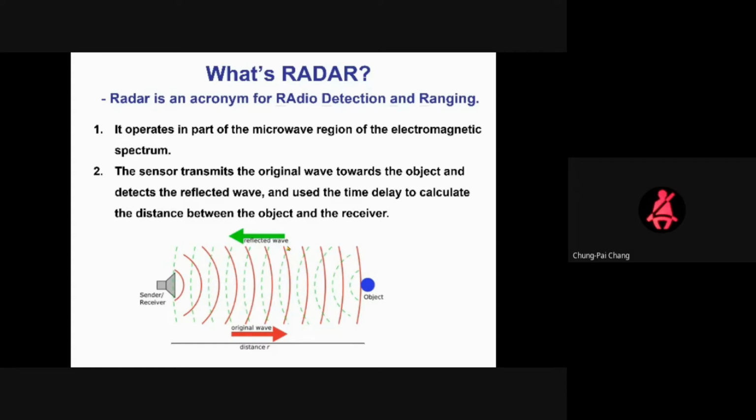The idea is very simple. We just change the looking direction of the radar, and then we can obtain an image. The so-called image is not really an image, it's just return signals, but we combine all the signals to generate an image.